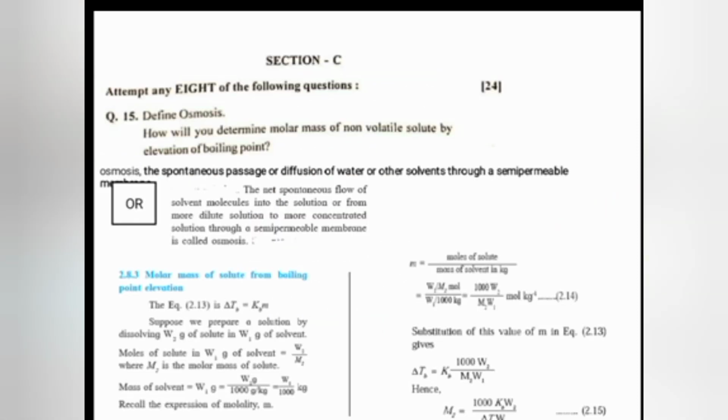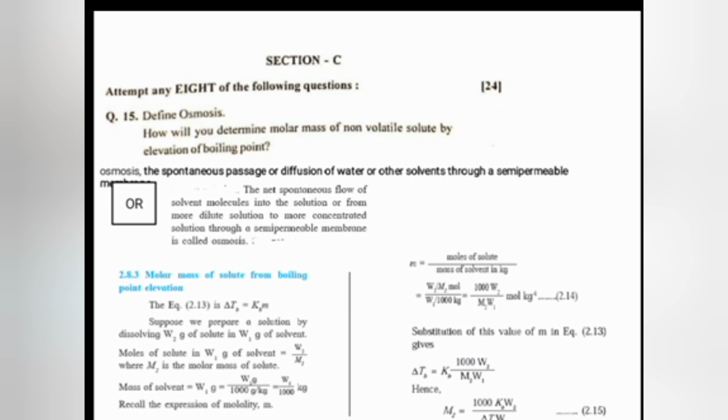Define osmosis. Osmosis is the spontaneous passage of water or other solvent through a semi-permeable membrane. One more definition given in the textbook: the net spontaneous flow of solvent molecules into the solution from the more dilute solution to the more concentrated solution through a semi-permeable membrane is called osmosis. An attached question with this one is about determination of the molar mass of a non-volatile solute by elevation of boiling point.